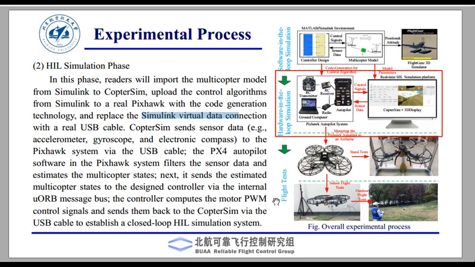Then the controller computes the motor PWM modulation control signals and sends them back to CopterSim via the USB cable to establish a closed loop hardware in the loop simulation system. So the detailed process is described here for this phase.